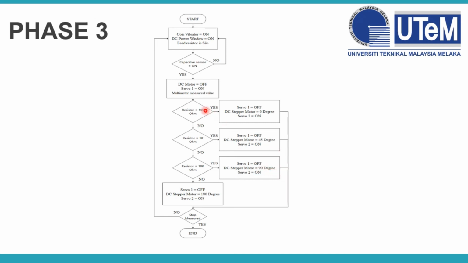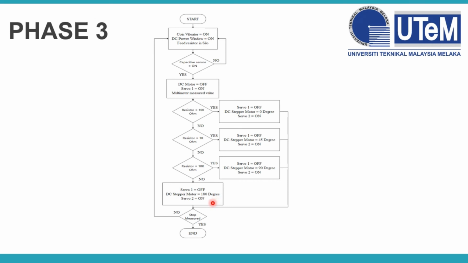If none of the three conditions is met, which means the resistor is not in the range of 100 ohm, 1 kilo ohm, or 10 kilo ohm, it is out of range and it will fall into the fourth bin, where the stepper motor will turn toward 180 degrees to make sure the out-of-range resistor falls into the bin.